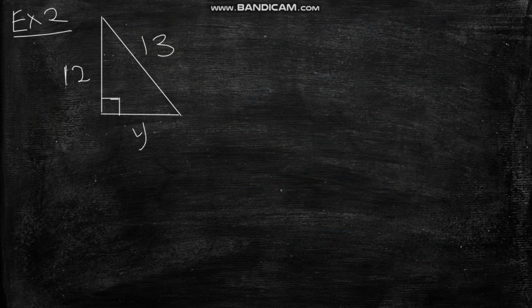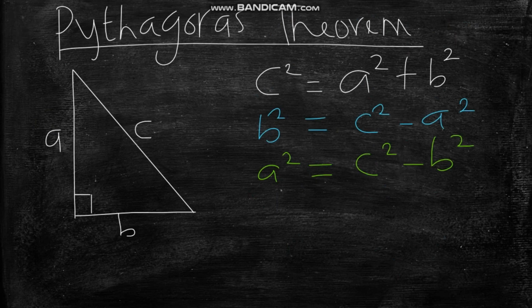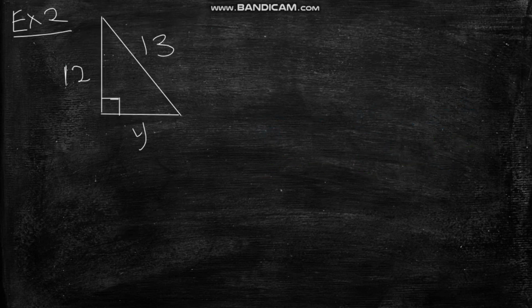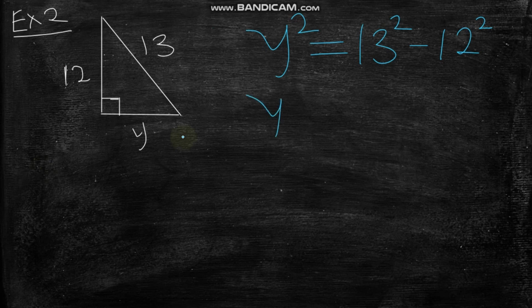So in this case, the base is missing, so that is the B from our deduction. So for us to find that part, y squared will be equal to the square of the hypotenuse minus the square of the other given side. So this will be y squared will be equal to 13 squared, that is 169, and 12 squared is 144.